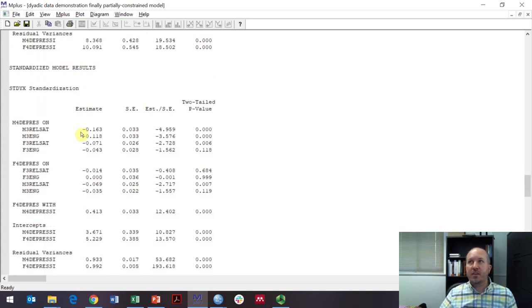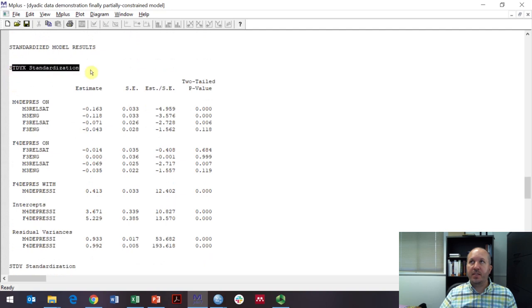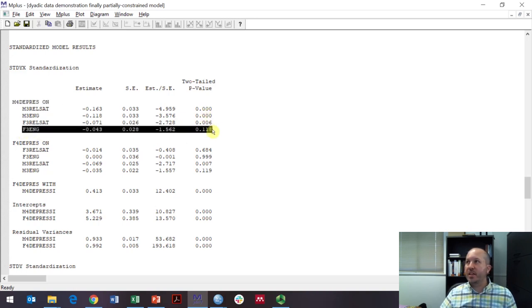Now if we go to our standardized output, so we have our STDYX, we can see our actual standardized output. So this would be in terms of standard deviations. We can see that for mother's depression, so women's depression in this dyadic analysis, father's engagement here, so the partner path here, is not significant.